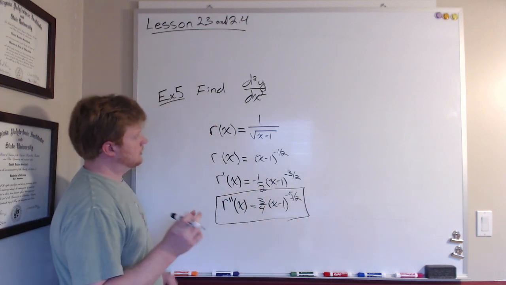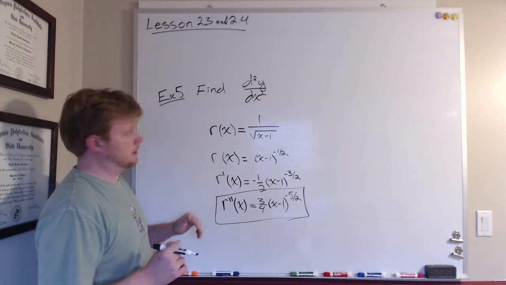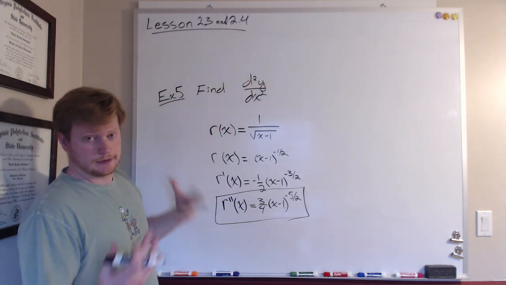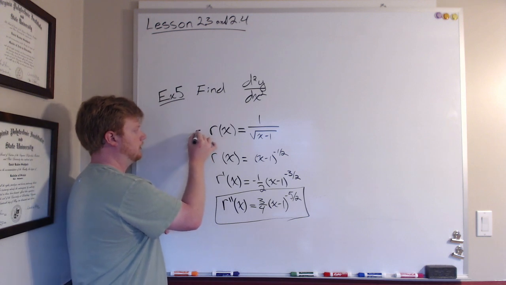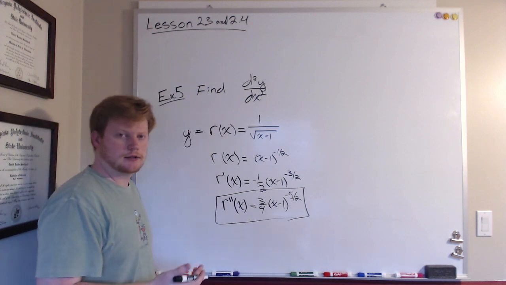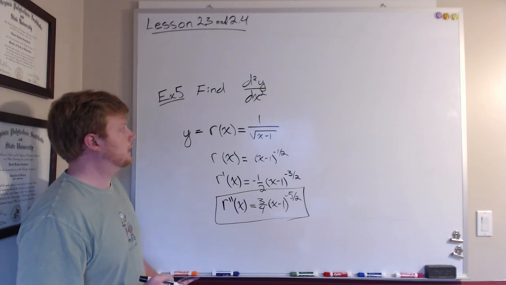Now, there is just one slight thing that I'd like to clear up here. Not a big deal, but see, this says take the second derivative of y, and we technically haven't defined y. Maybe this says y equals a function r of x, or y is defined as a function r of x. Then we're okay.